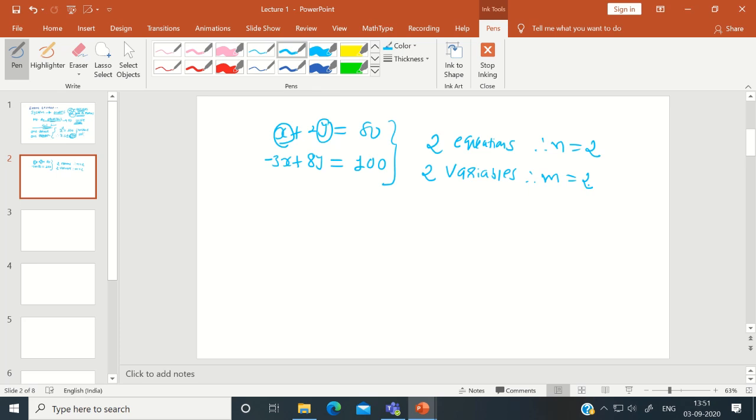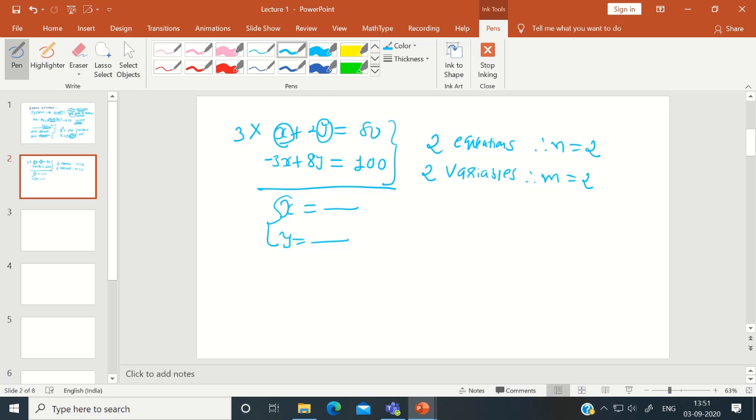In lower standards we have seen such type of equations, and we can solve them. I want to remove x, so I will multiply the first equation by 3. So 3x plus 6y is equal to 240, and minus 3x plus 8y is equal to 100. Ultimately you will get the unique values of x and y.